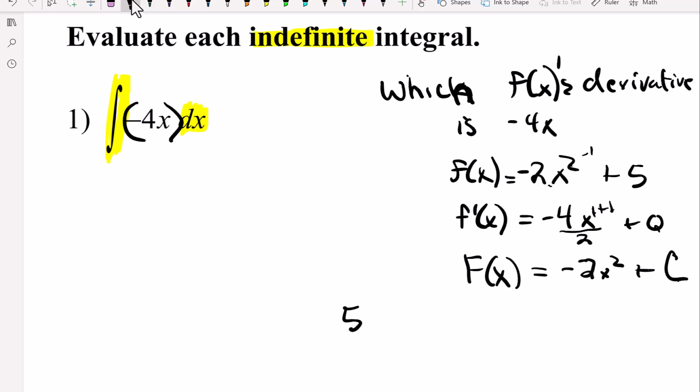We just don't know which number it is. There's infinite possibilities. So what you do is you put an uppercase C to represent, oh, we know that there could have been just this extra constant. We don't know what it is, but this part right here is part of the indefinite integral.